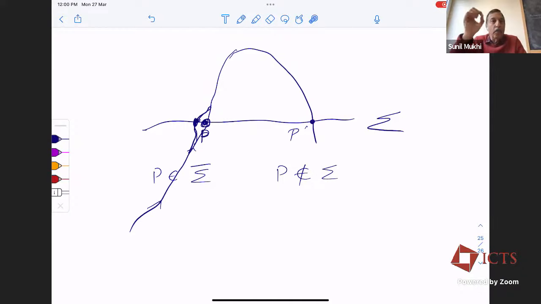That is, any little open set around P includes points on the Cauchy hypersurface. And that means that I can reach a point in sigma by a deformation, however small. For example, if I've taken my curve here to be time-like, then an arbitrarily tiny deformation cannot make it space-like. So that's the intuition.